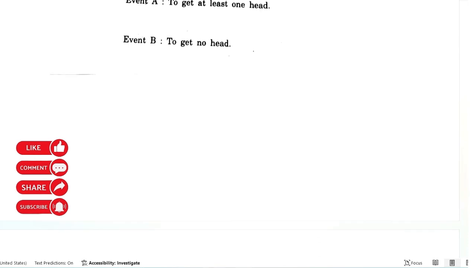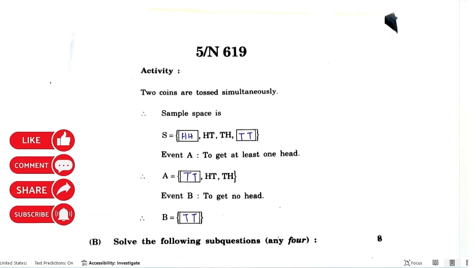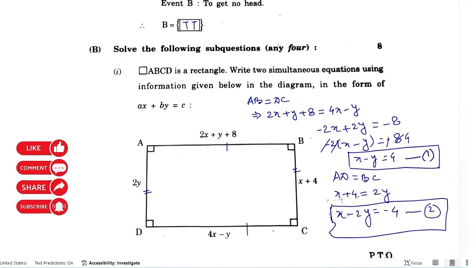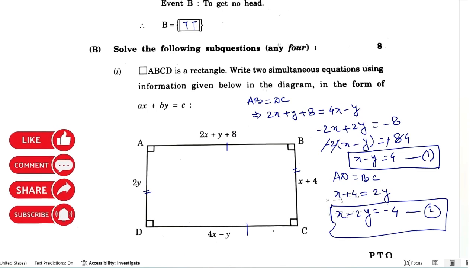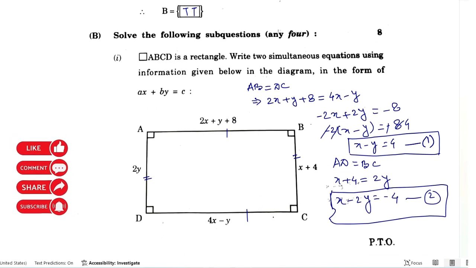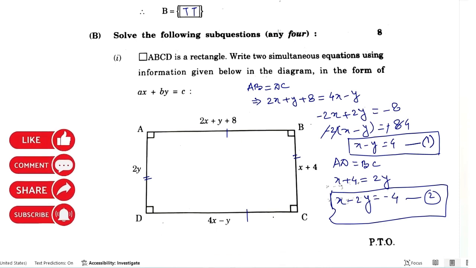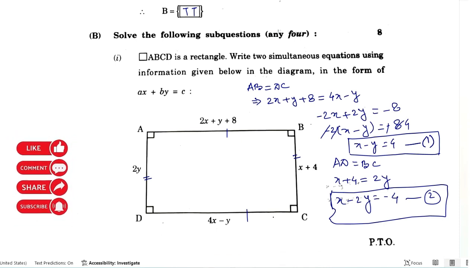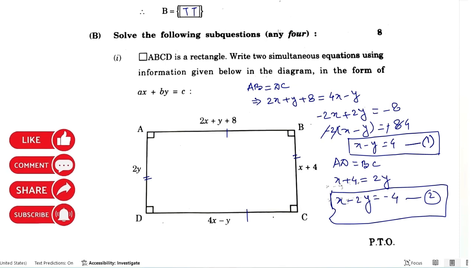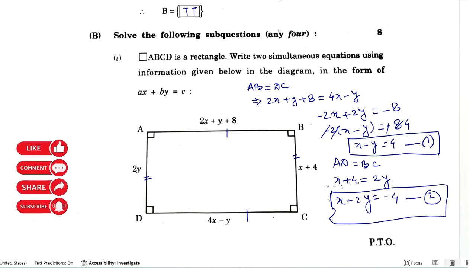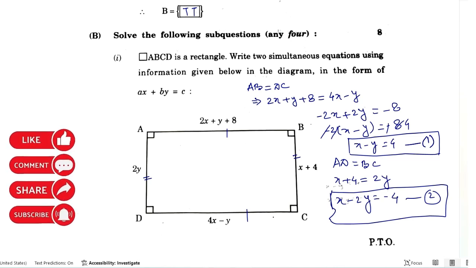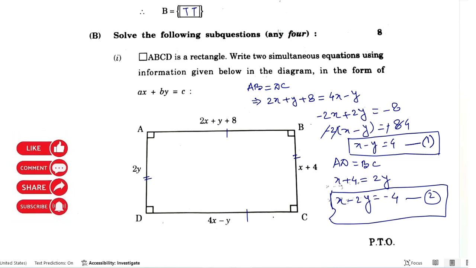There will be four possible outcomes. ABCD is given as a rectangle, and they have asked for two simultaneous equations in the form of ax plus by equal to c. So as we know that in a rectangle, opposite sides are congruent.